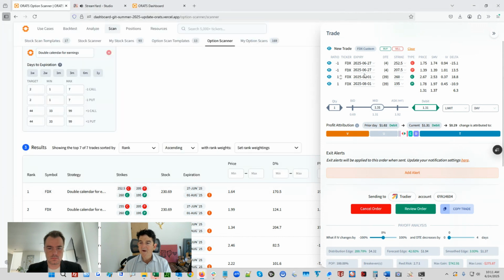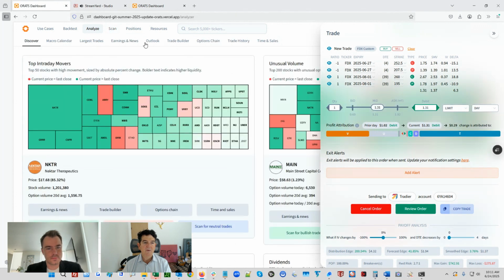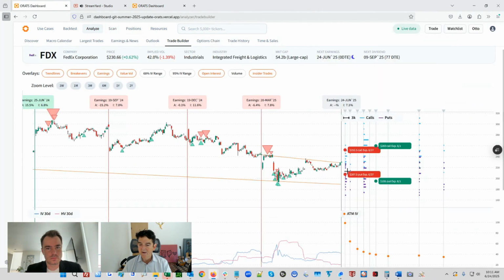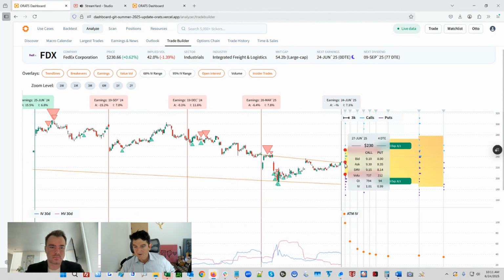for FDX, and so what you're seeing, and then what I like to do is then look at this in the trade builder, for example. So you could see that, so what the trade builder is, what we're looking at is a graph of the stock, and from the middle, all these are expirations and strikes.